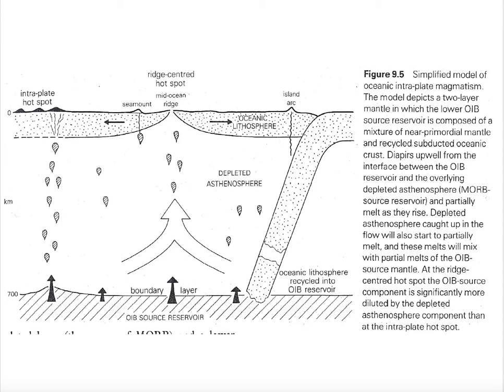So chemically, the hotspots are also enriched, and therefore we need a plume component inside. That plume component comes from the lower mantle, from a depth of about 700 kilometers.